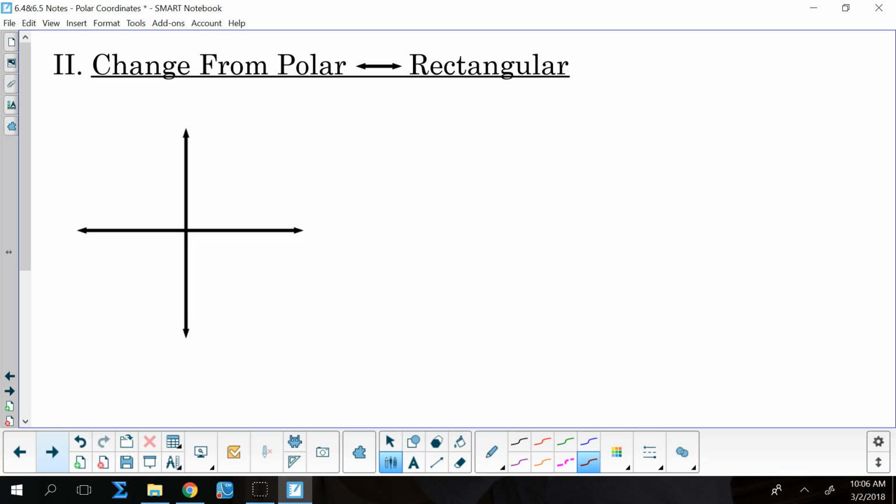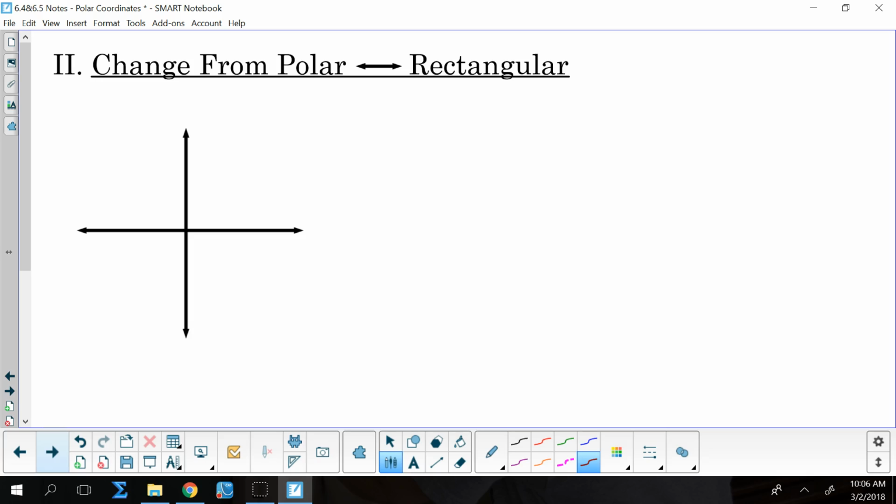So, what we are going to do today is figure out how to convert from polar to rectangular and from rectangular to polar. Now, in your purple packets, this would be on the converting points page, which is the first blank page.